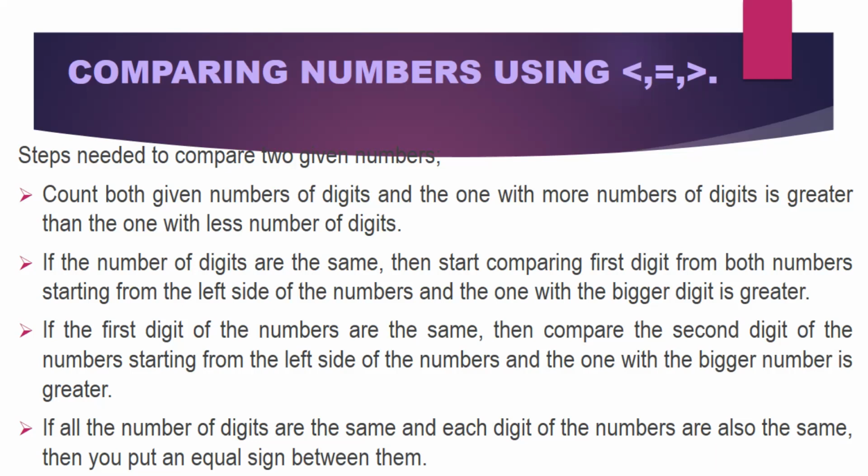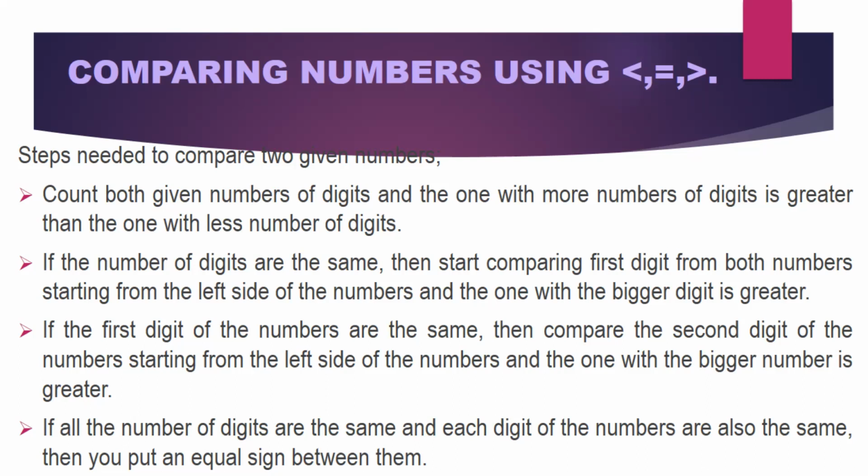Okay, good. So before you can compare and choose a number that is greater than the other or a number that is smaller than the other, you need certain steps to follow, or there should be a laid down precedent that guides you before you compare numbers.